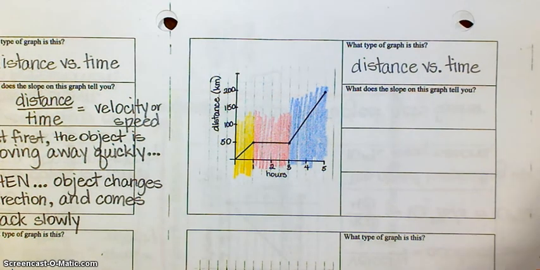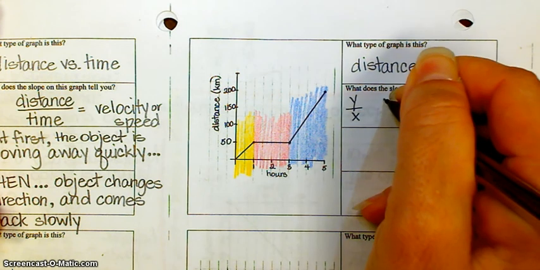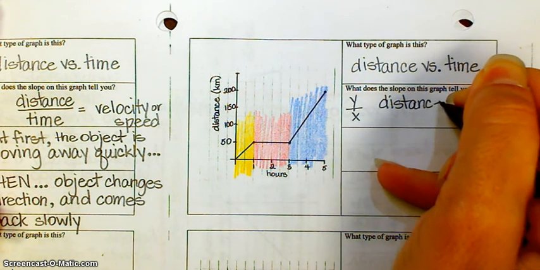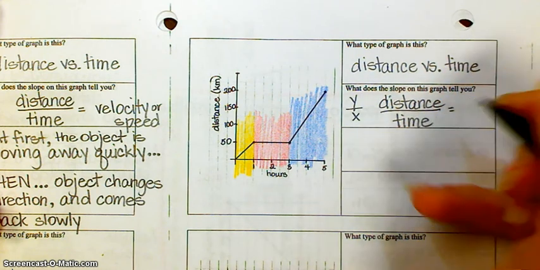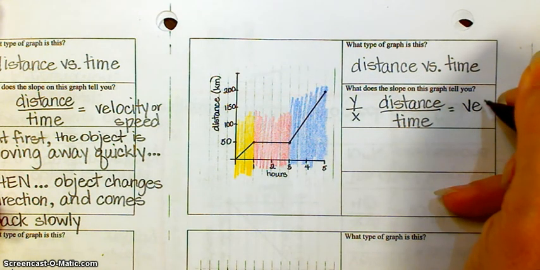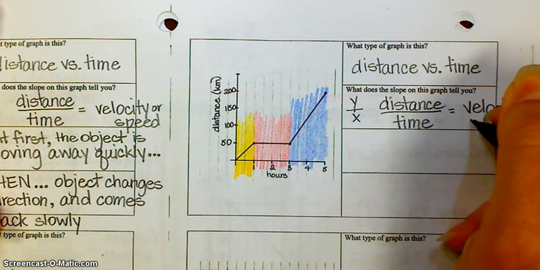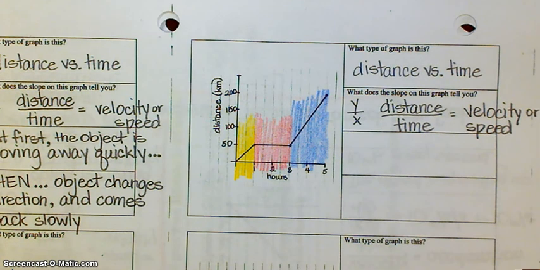What does the slope on this graph tell you? It tells you velocity or speed because your y values are distances and your x values are time. Okay.